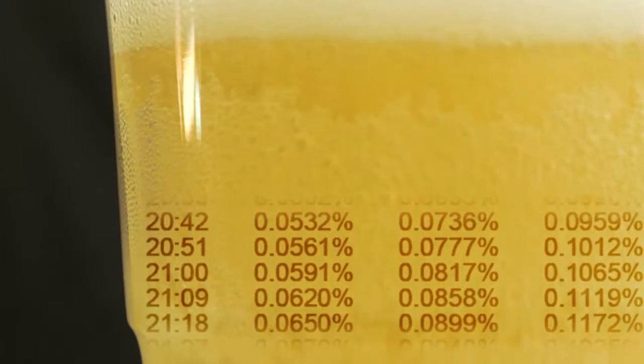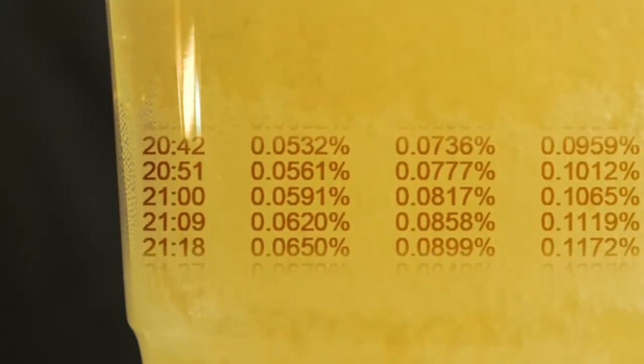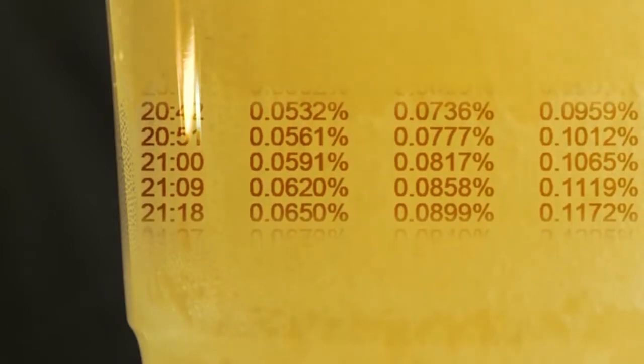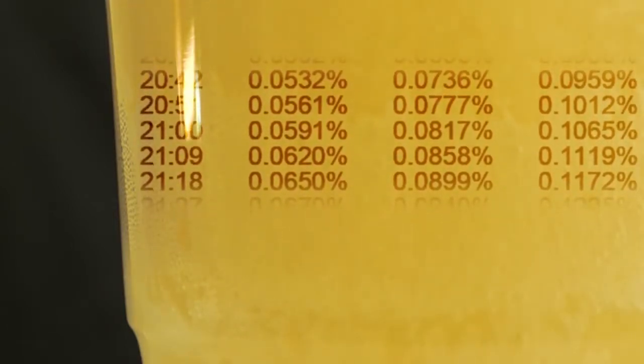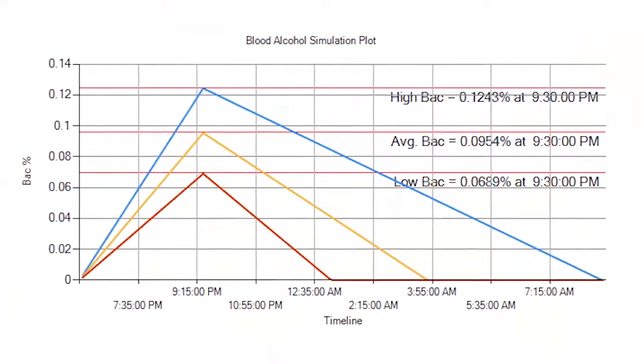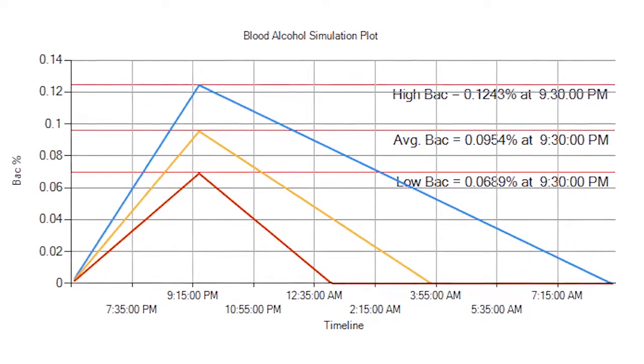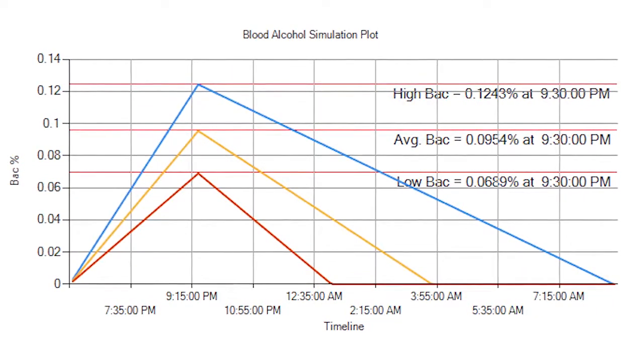The toxicologist can calculate a retrograde extrapolation of your blood alcohol results to determine if you have a rising blood alcohol defense. In other words, our expert will be able to determine what your blood alcohol level was at the time of driving and not at the time that the blood was drawn.